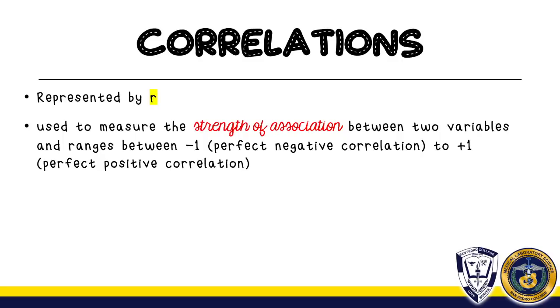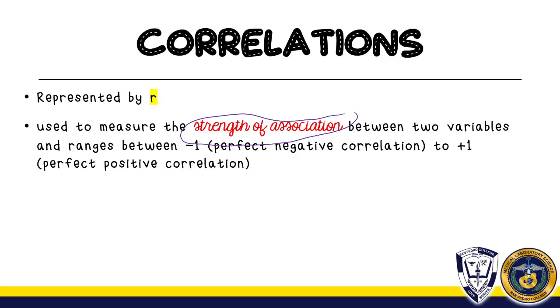This is the type of statistics in which we try to measure the degree to which two variables move in relation to each other. In our own terms, we are just trying to see if there is a connection or a mutual relationship between two or more things. So that is what we are looking for in terms of the strength of association.